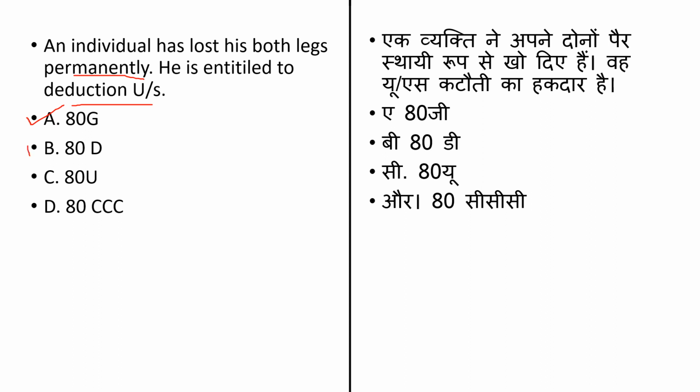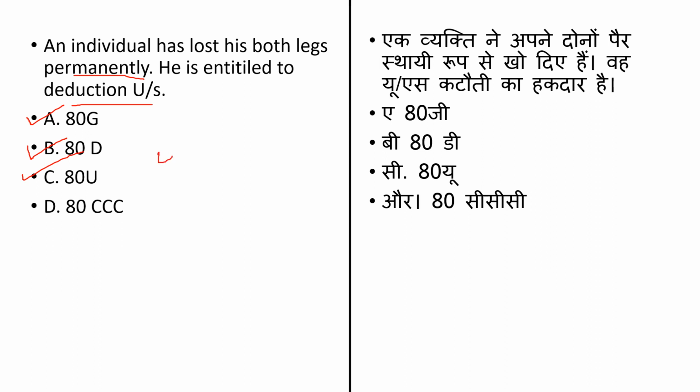The second option is 80D. An individual or a HUF can claim the deduction under Section 80D for the medical insurance premium paid for self, spouse, children or dependent parents in any mode other than cash. The third option is 80U. Section 80U provides a tax deduction for an Indian resident who has a 40% disability.